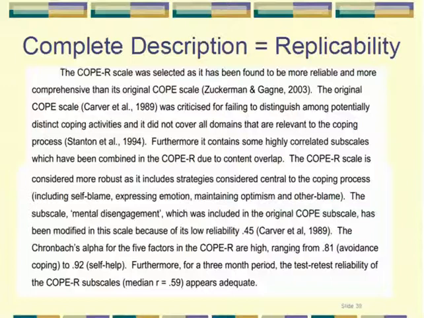In the second paragraph, the student describes the actual scale, the COPE R. The first paragraph describes the previous version of the same scale called COPE. And here the student explains very well the psychometric properties of the COPE R instrument with reference to reliability and validity and its superiority with respect to the original COPE scale. So excellent job here.